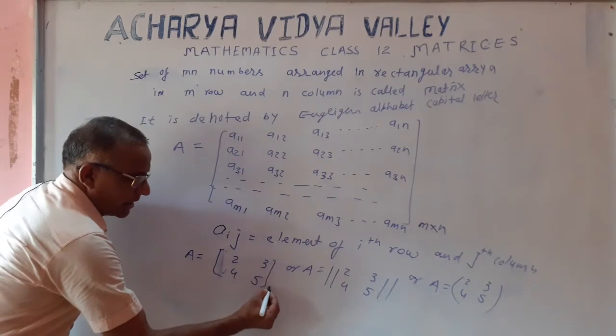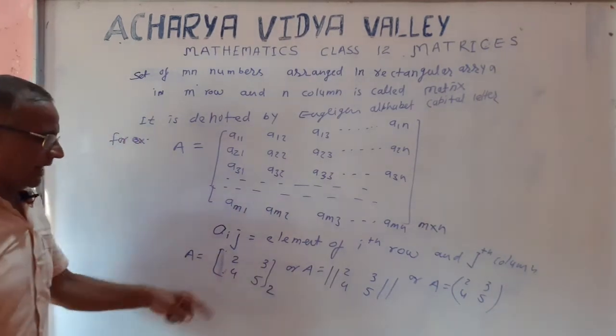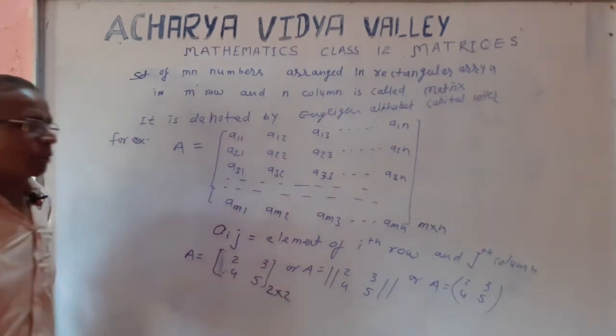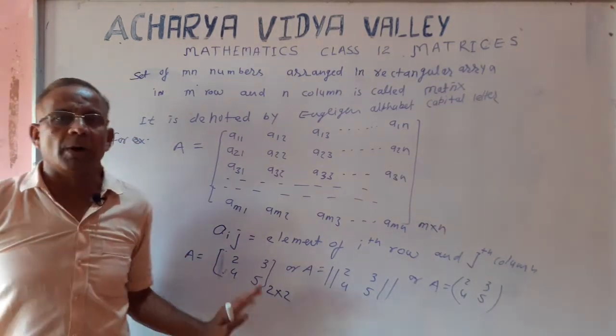The number of rows is 2 and the number of columns is 2. So the matrix is of order 2 by 2.